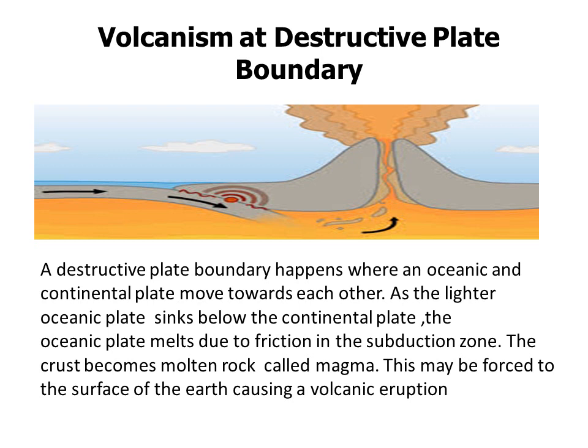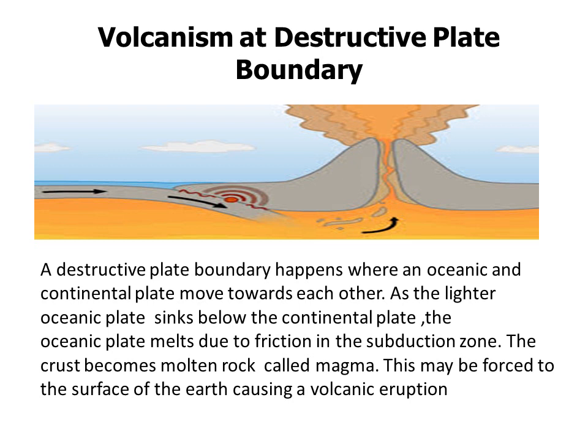The next type of volcanism based on where a volcano is formed is volcanism at destructive plate boundary. A destructive plate boundary is a place where an oceanic and continental plate move towards each other. The oceanic plate is light. It sits below the continental plate.